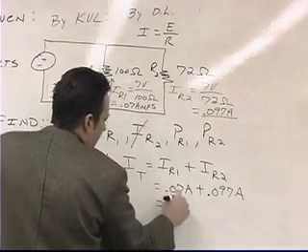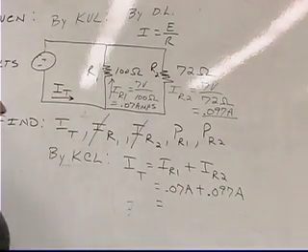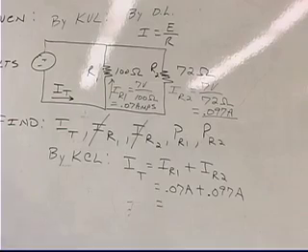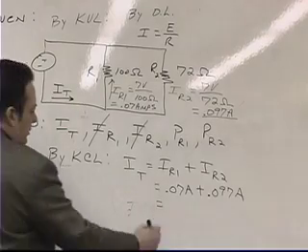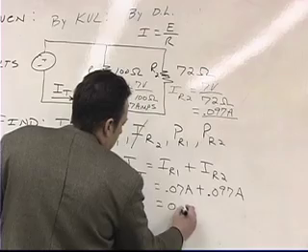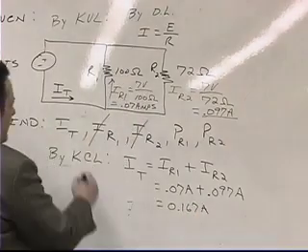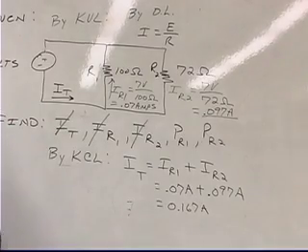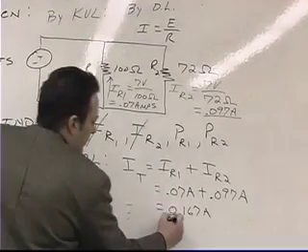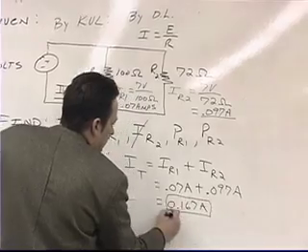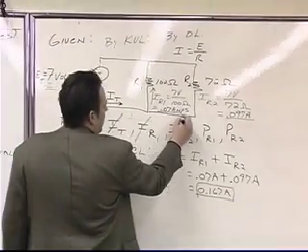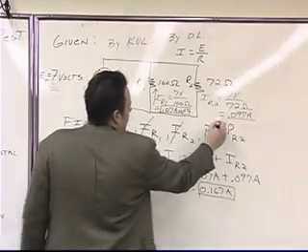So when I add 0.07 to 0.097, what do I get? 0.167 amps. So now I figured out the total current. Okay? So I've captured this guy, I've captured this guy, and I've captured this guy.